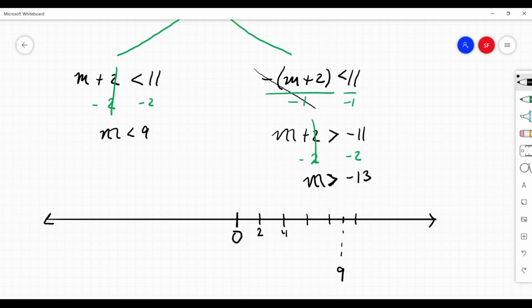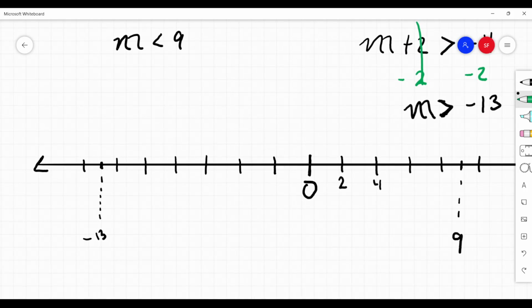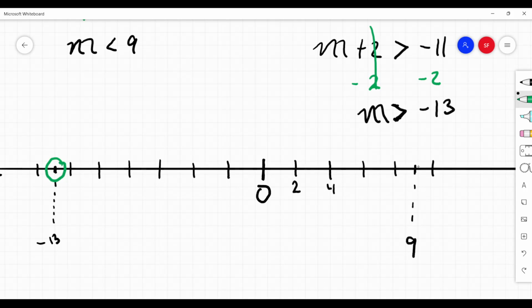Then count negative 2, 4, 6, 8, 10, 12, 14, and put negative 13 right there. For the negative 13, will I have an open or closed circle? Open circle. And an open circle at 9. Which direction am I going to shade? On the 13, you shade to the left. So I'm going to shade in between them.